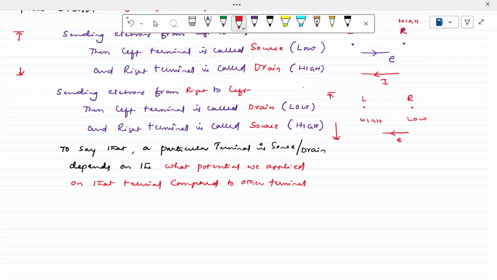This is the choice, right to the left. What is the current direction now? Current direction should be opposite. Current always flows from higher potential to lower potential, whereas the electrons flow from lower potential to higher potential. Okay. Good.